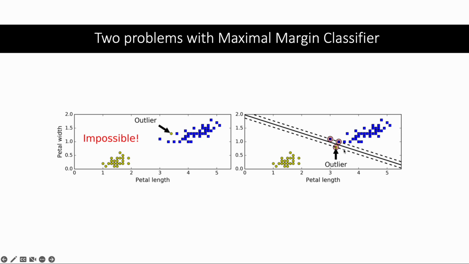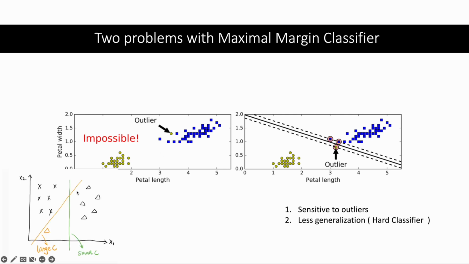But our classifier will try to mark it as setosa, as the circles, because it will come on the left side of the road. So there are two problems. One is that it is very sensitive to outliers, and the second is less generalization. It is a very hard classifier. You cannot generalize well.